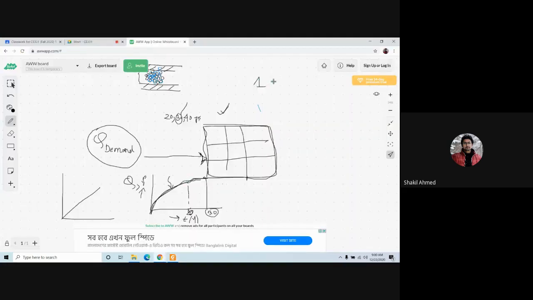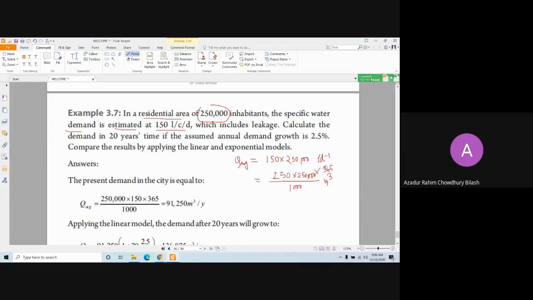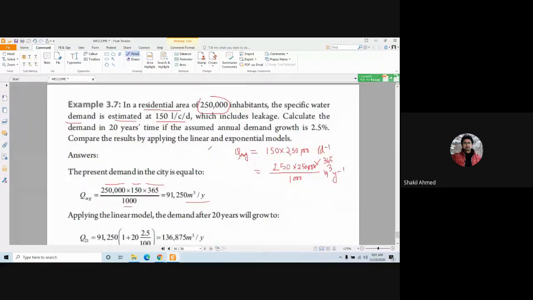In one day, the demand is Q. Then in 365 days, that means 1 year, the demand is Q into 365. Am I right? Yes, sir. That's why we are multiplying it with 365. So you get 250K into 150 into 365 divided by 1000, and that's how you get meter cube per year.